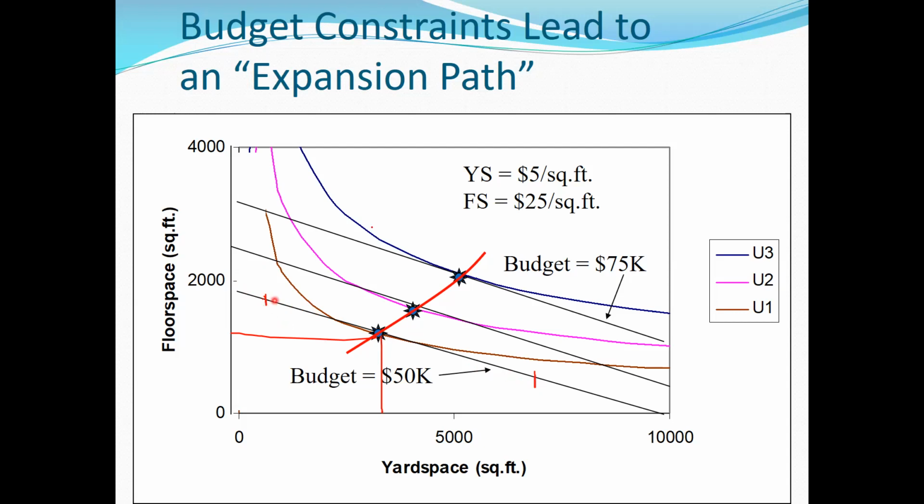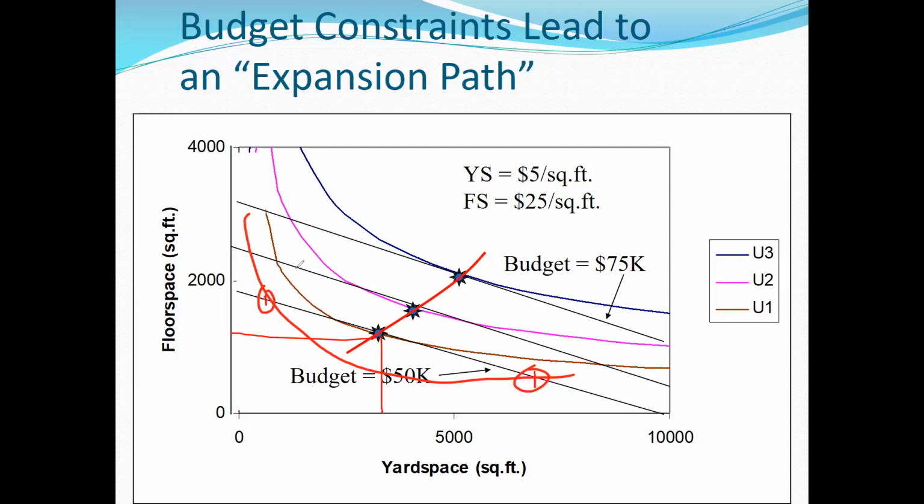You don't want to be here or right here. Why not? Because that will put you on a lower utility curve for the same amount of money, $50,000. You're going to get lower utility out of that type of house than you would get from that brown curve. So you should see the analogy, and it should also be clear.